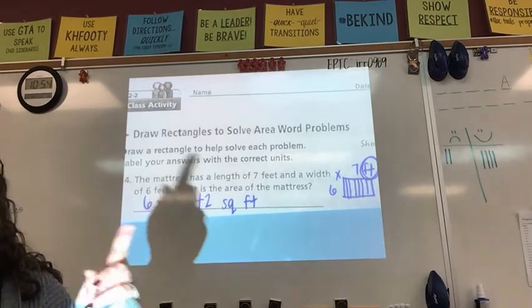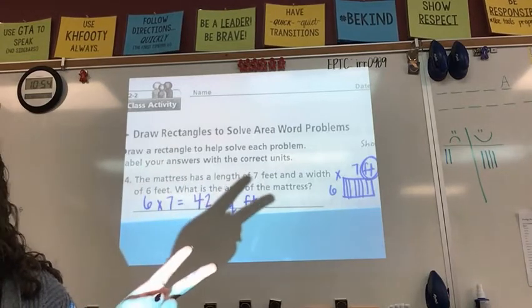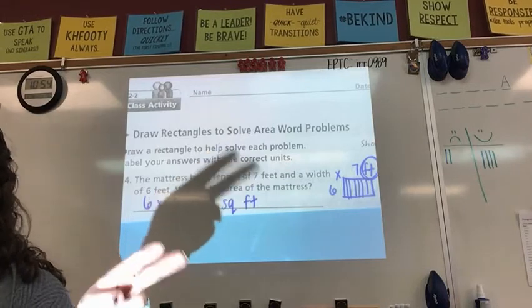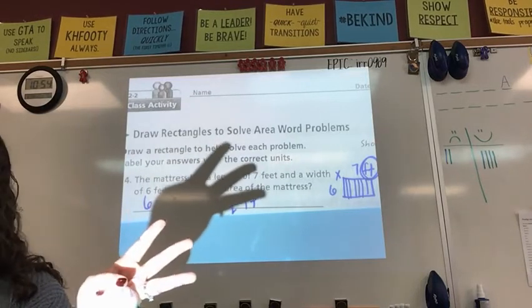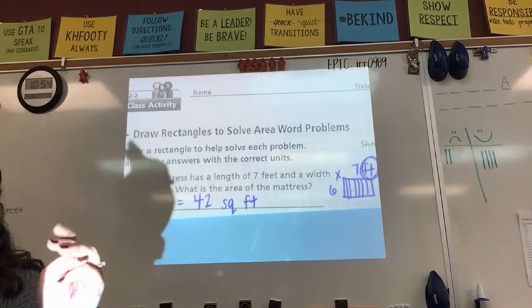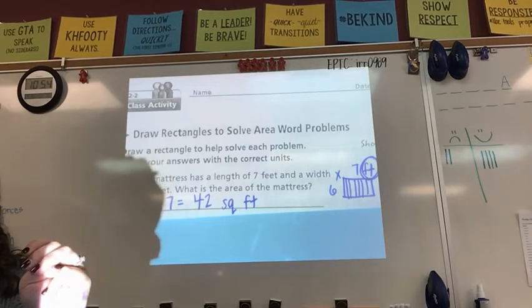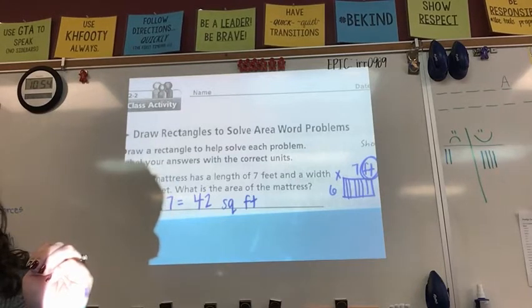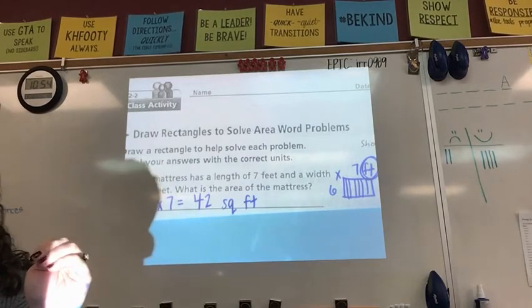So you can have square feet, square miles. Who's got another example of something we measure in? Square centimeters. What's something else we measure length with? Square inches. Square measurement. I look for GTA instead of blocks, remember.